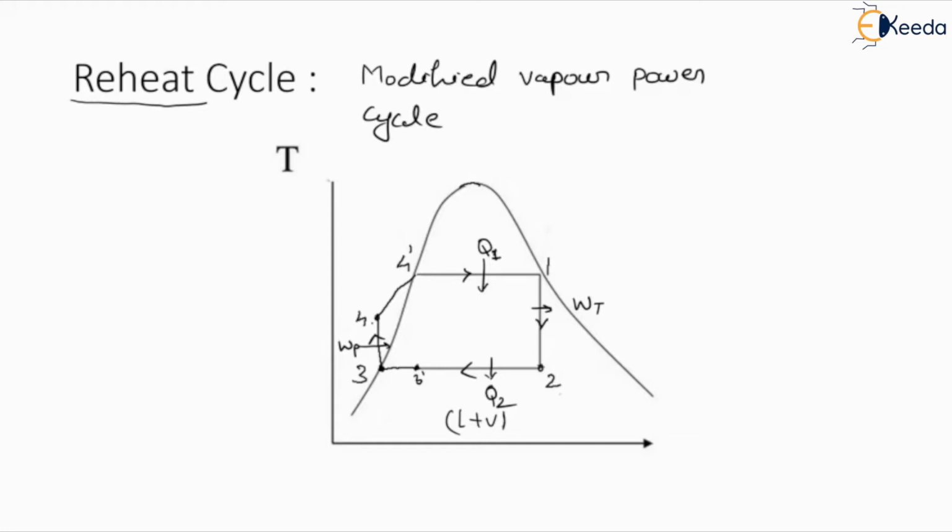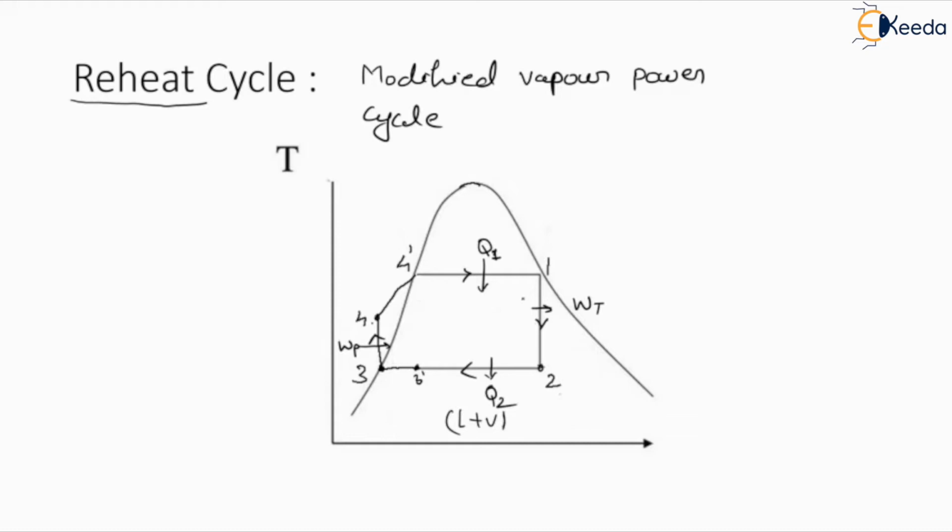In the basic Rankine cycle, after isentropic expansion in the turbine from process 1 to 2, the steam is transferred to the condenser, and the condenser defines the condensation process, which is easily shown in the TS diagram.